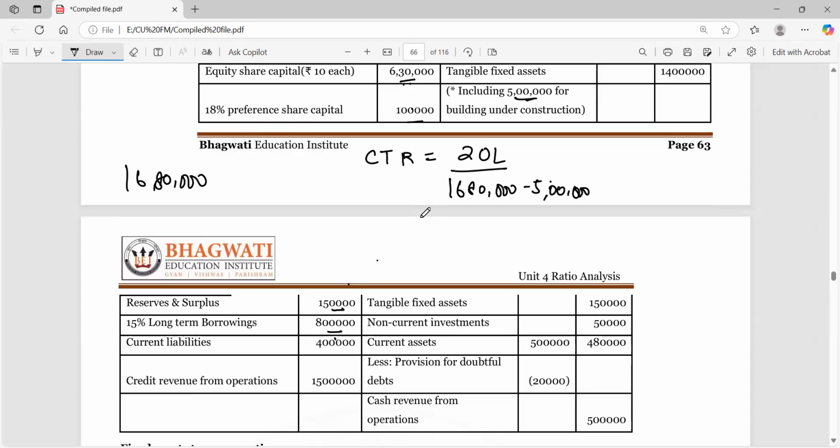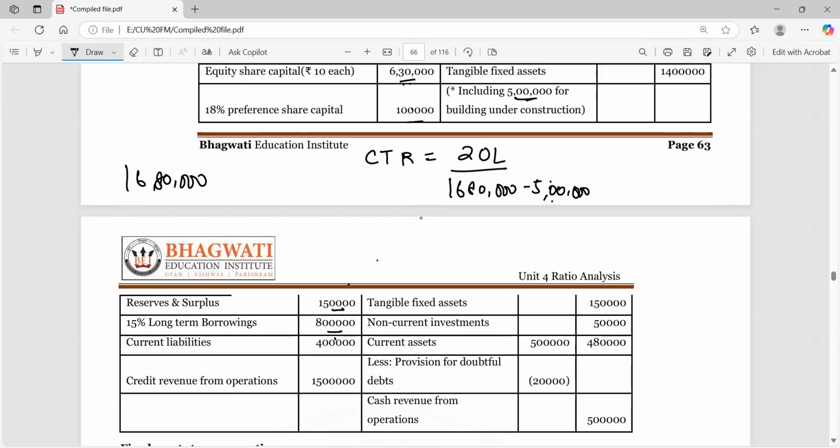You are asking why we are minusing 5 lakh. We have to calculate capital employed, not total asset.